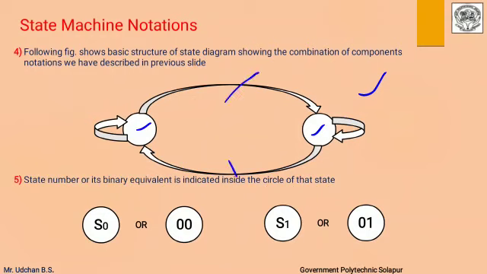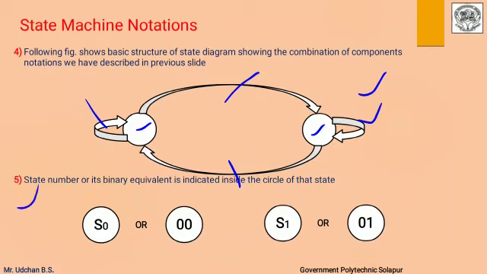This is the interconnection or interdependency between these two states, represented by this link having an arrowhead like this, and these two arrowheads indicate that the state remains in that state only, or the state remains unchanged.